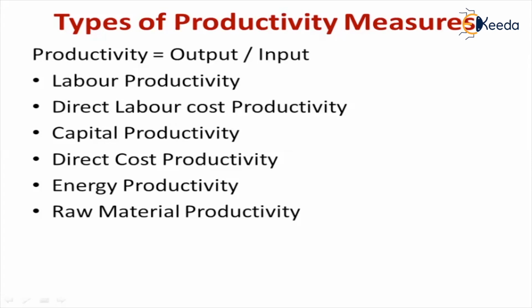Energy productivity. For operating the machines, I need some power. If I am using some power, again it incurs some cost. Has the energy given to the machines given the required output or not?